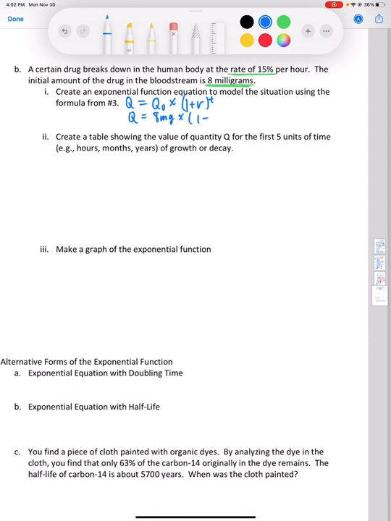We do a minus here because it's going to be a decay, so 0.15 to the t. So is it going to be an equation again? We don't know what that is. It could be for any amount of time.